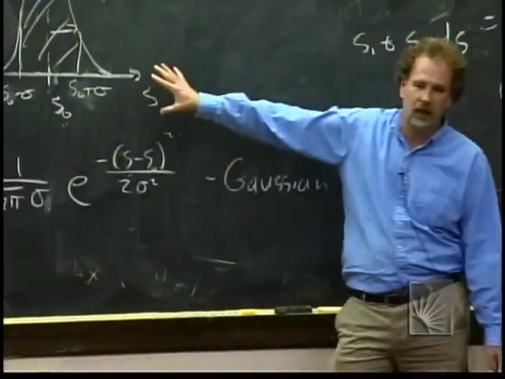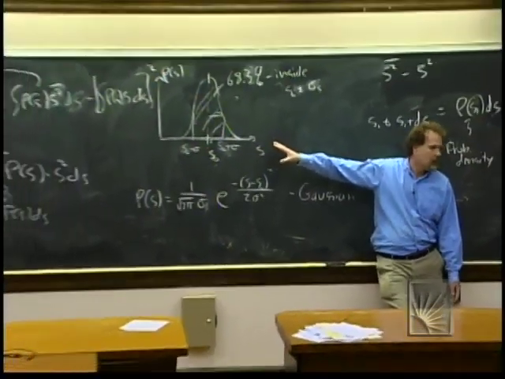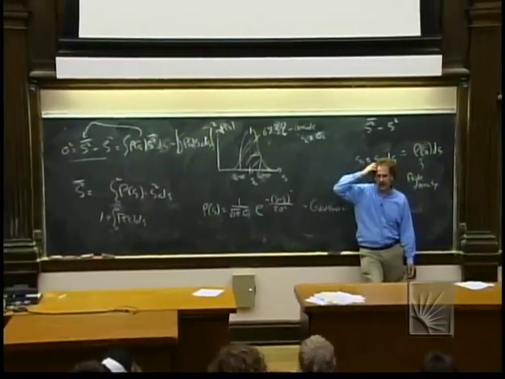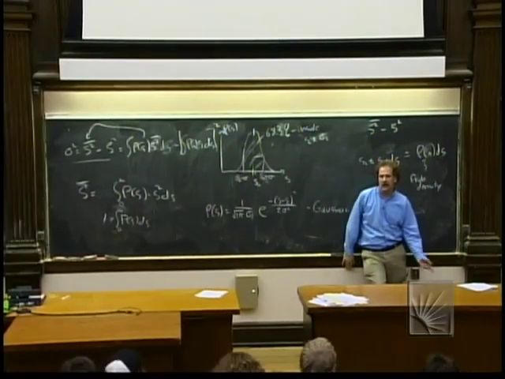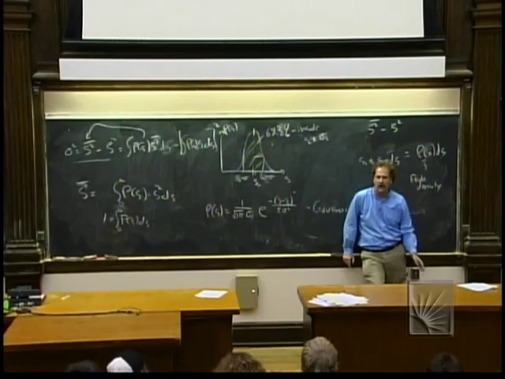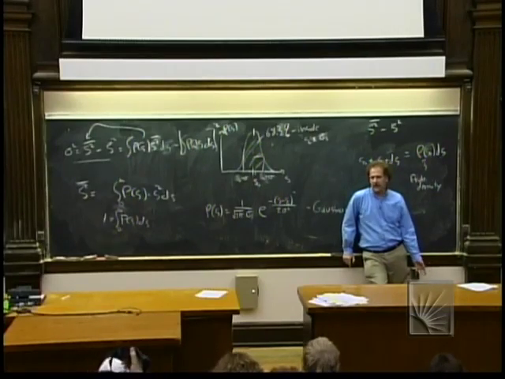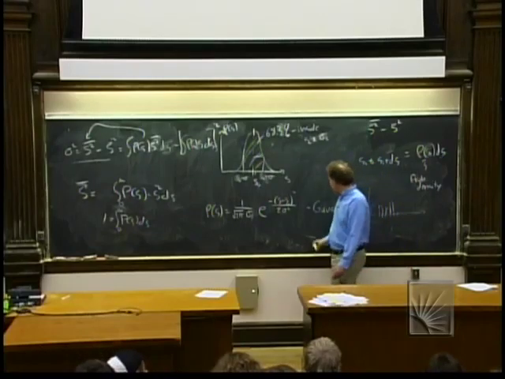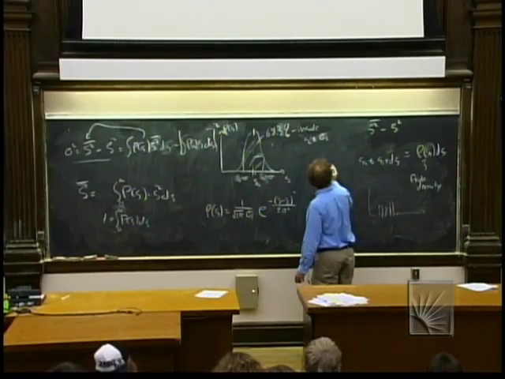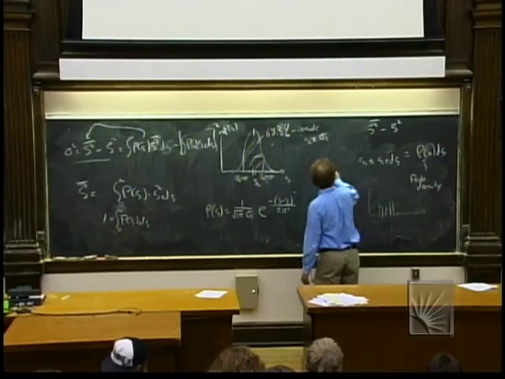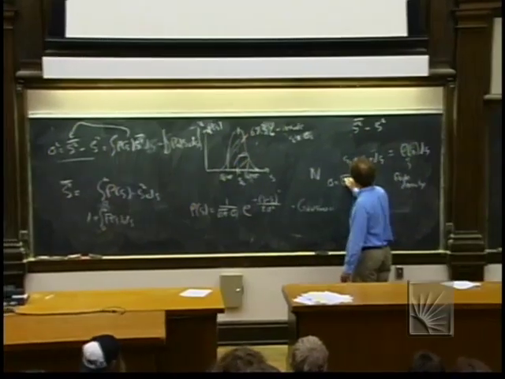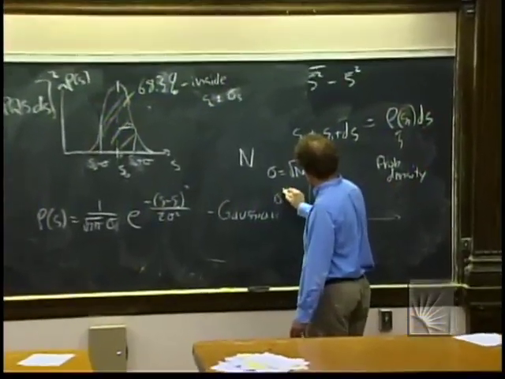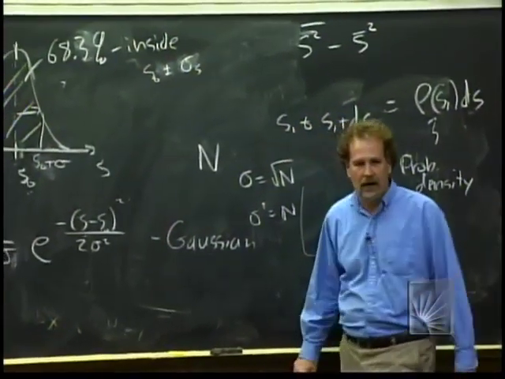They actually use a special form of a Gaussian which applies when you count something. If I measure something 1,000 times and the answer is it's there or it's not there, and there's sort of fluctuations in that counting, it turns out there's a prescription which says that if I measure n things, sigma is the square root of n. Sigma squared is in fact just n, believe it or not.